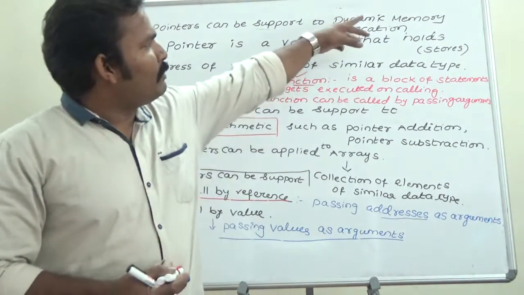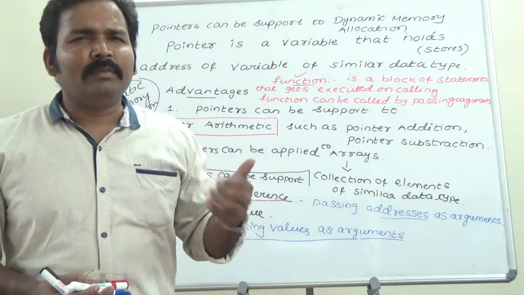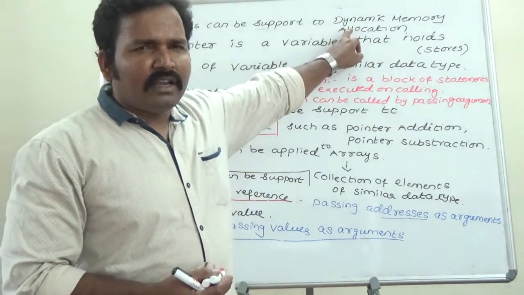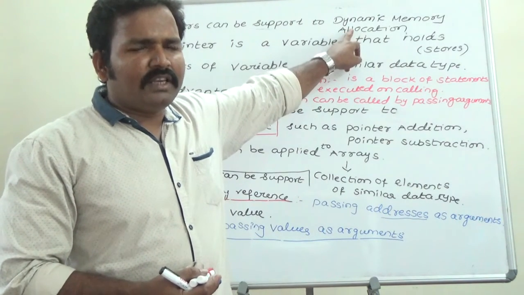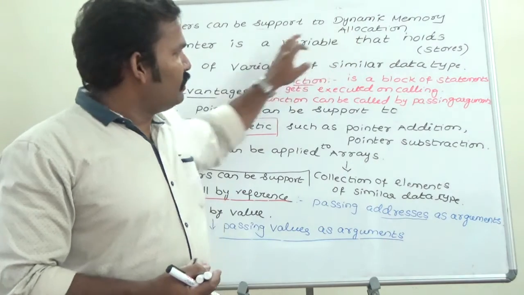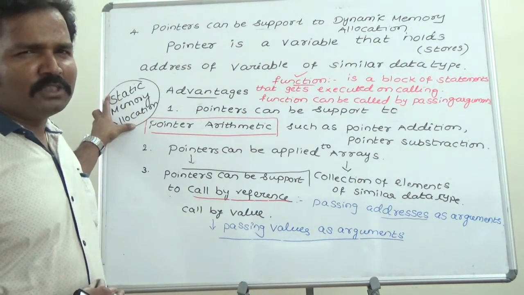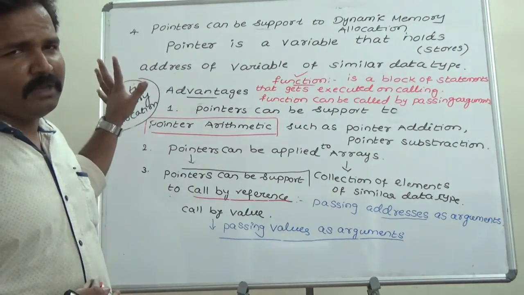What is meant by dynamic? The memory can be changed. We can increase the memory if we want, and we can decrease it also. But increasing or decreasing memory is not possible with static, because static means fixed memory allocation.